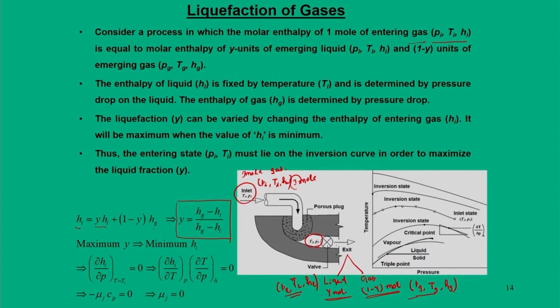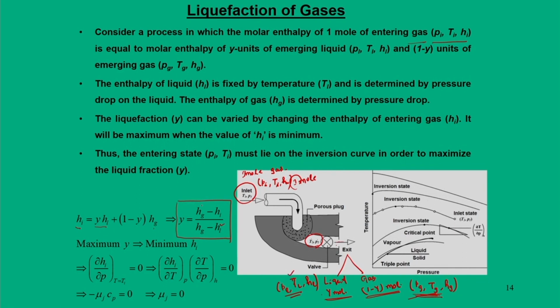Now, in this equation, if you look closely, the values of Hg and Hl are limited by the conditions at the exit stage, that is the saturated pressure and temperature values, and that is fixed by the condition at which we exit the gas and liquid, and even the liquid state is fixed by its own saturated state.